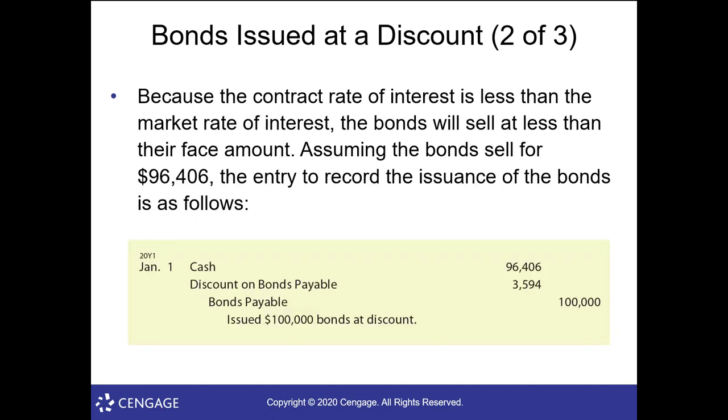So they're going to issue that at a discount, $96,406, a 96 and probably 3/8 something, or 7/16, something like that. There's a debit to discount on bonds payable, and still crediting the bonds payable for the $100,000.